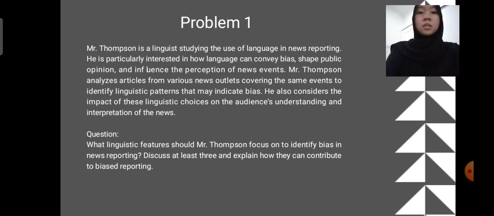So, what is the question? What linguistic features should Mr. Thompson focus on to identify bias in news reporting? Discuss at least 3 and explain how they can contribute to bias reporting.